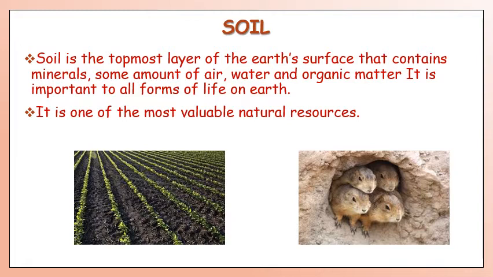You know, the soil also gives shelter to many small living things such as earthworm, insects, rabbit, etc. And without soil, most of the life on earth would not survive. So you can say that soil is one of the most valuable natural resource. Okay? Now, let us learn more about it.